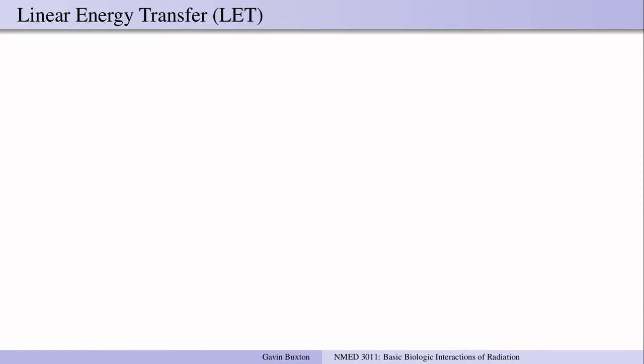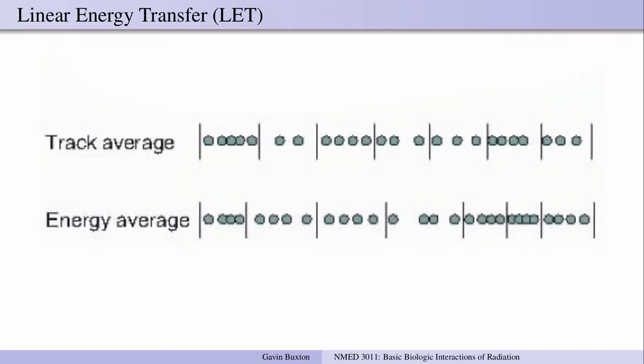Now, in terms of the LET, it can be calculated in different ways. The track average is calculated by dividing the track into equal lengths, equal distances, and averaging the energy deposited in each length. However, you can also calculate it using an energy average, which is basically dividing the track into equal energy intervals and then averaging the length of the track that contain this amount of energy.